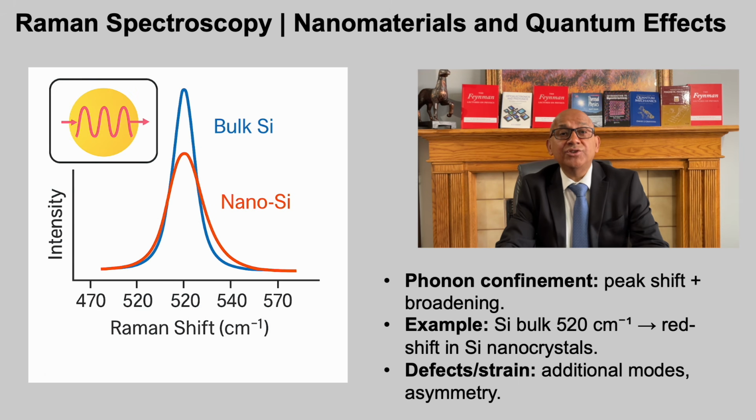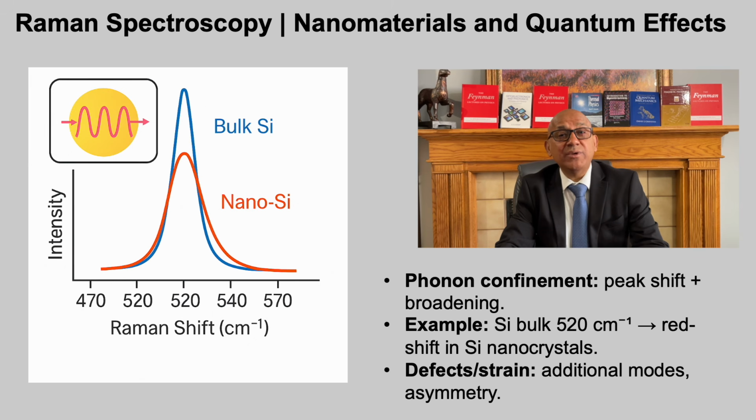When dimensions shrink below the phonon coherence length, vibrations are spatially confined. This relaxes the momentum selection rule, causing Raman peaks to broaden and shift toward lower frequency. For instance, bulk silicon has a sharp optical phonon at 520 cm⁻¹, but nanocrystals show a broader red-shifted band as size decreases.